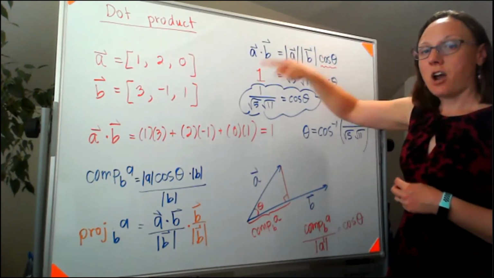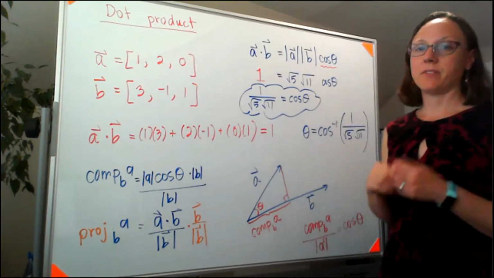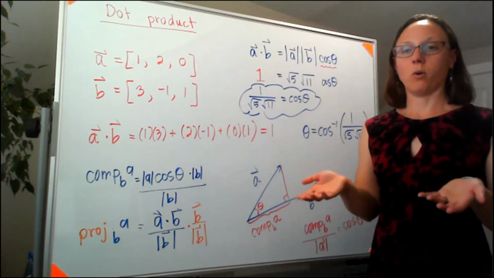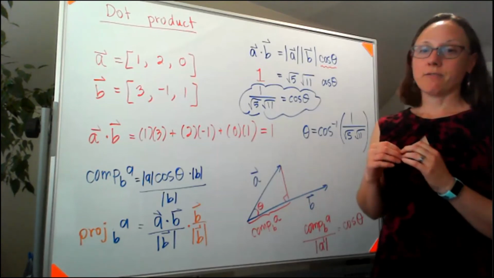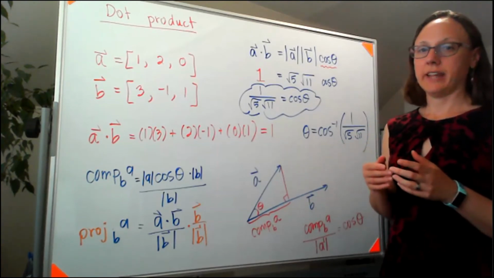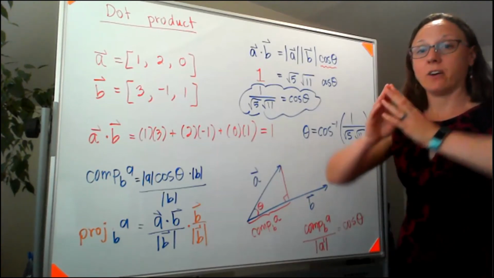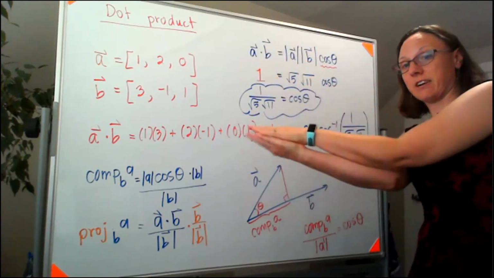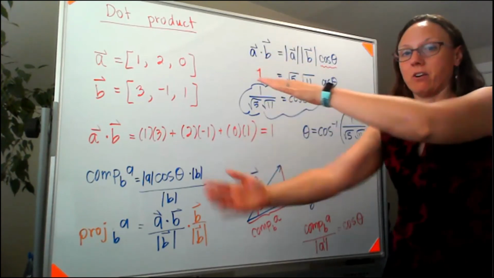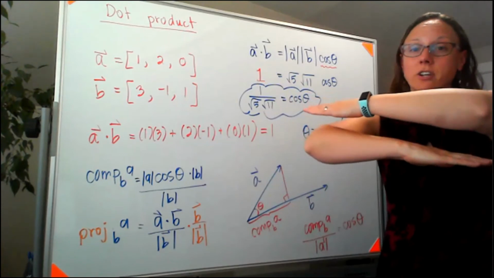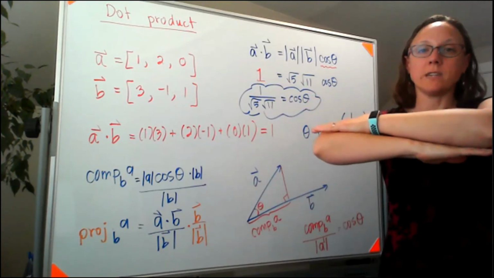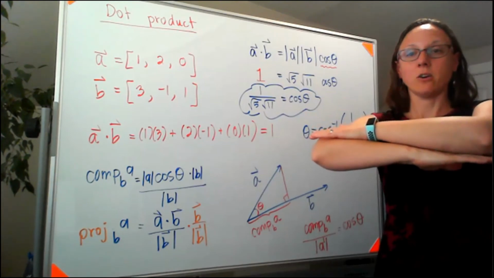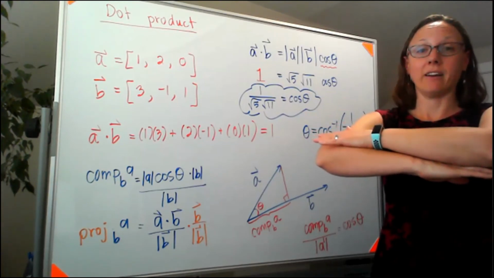So if the dot product is equal to 0, then the vectors are orthogonal or perpendicular. If those vectors are parallel, then the angle between them is either 0 degrees, or if they're parallel but pointed in opposite directions, 180 degrees. Cosine of 0 is equal to 1, and cosine of 180 is equal to -1.